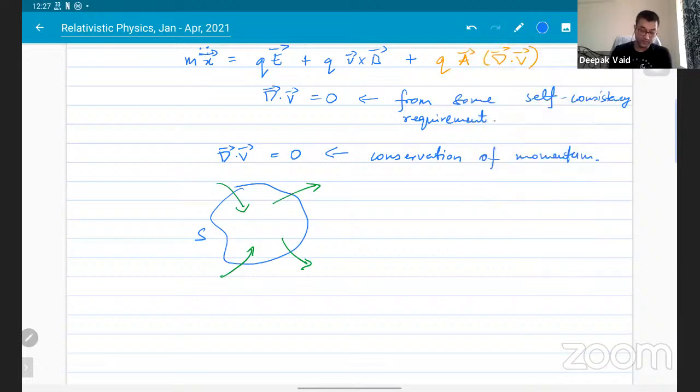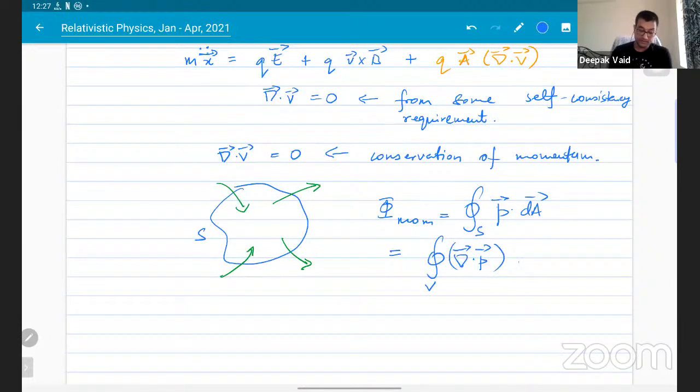So the flux of momentum is equal to the surface integral of P dot dA, right? And by the Stokes theorem, we know that this is equal to the volume integral of divergence of P times dV.